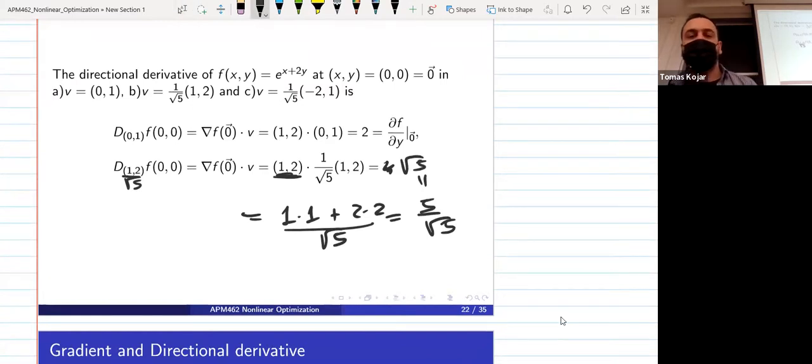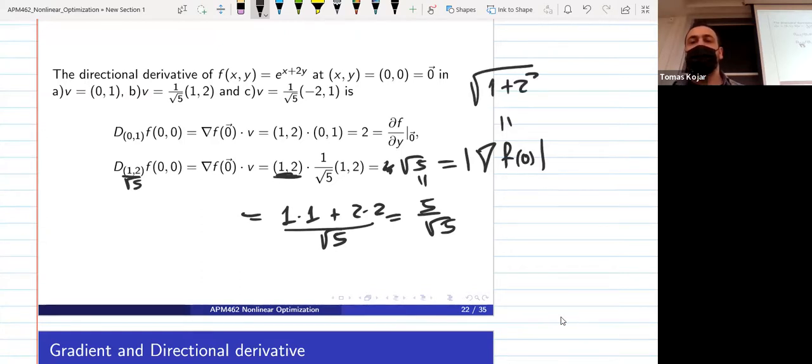And now this is equal to the norm of the gradient of f. The gradient of f has norm square root of 1 plus 2 squared, which is equal to square root 5. We'll come back to why this is interesting. This is the maximal value of the directional derivative.